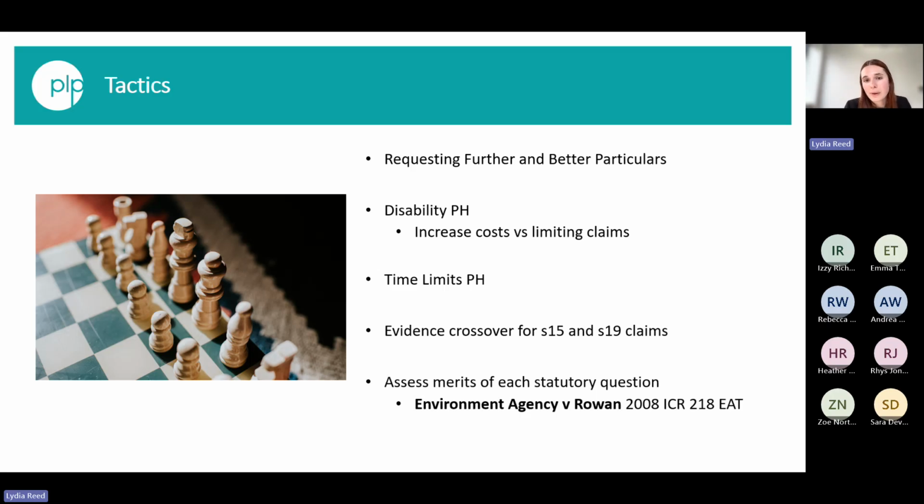The most relevant point here in tactics is disability preliminary hearings and their benefit. It has the potential to really limit claims. So take a step back and look at your remaining claims.